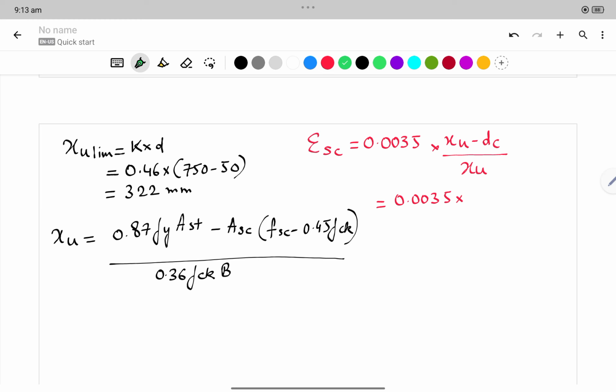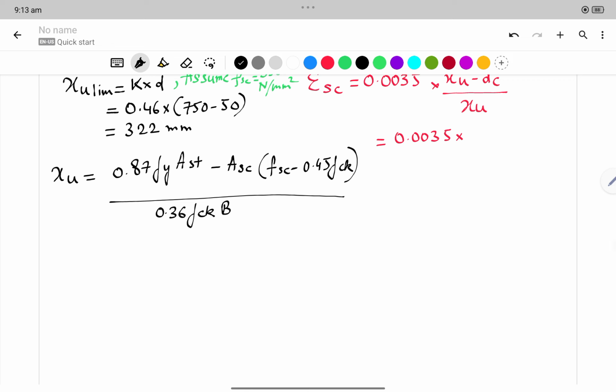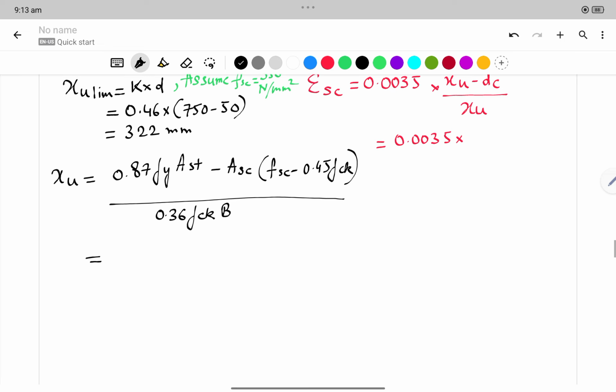So you can write it here, just write it one line, assume FSC as 350, we are assuming as 350 Newton per mm square. Okay, so now we will check the assumption we have done, FSC is 350, is correct or not.